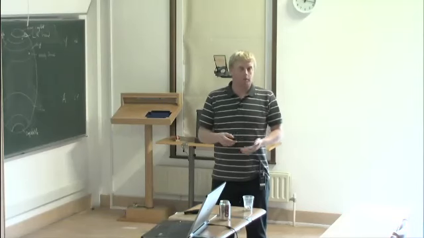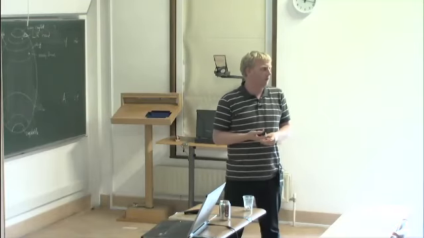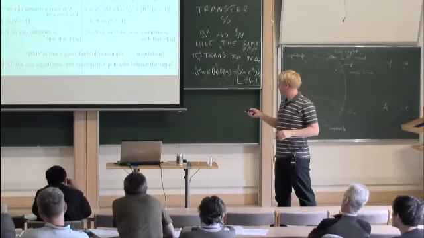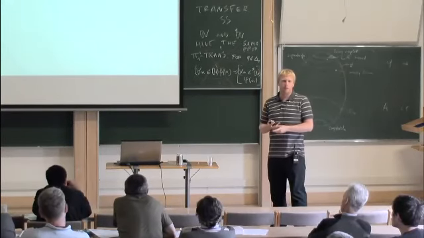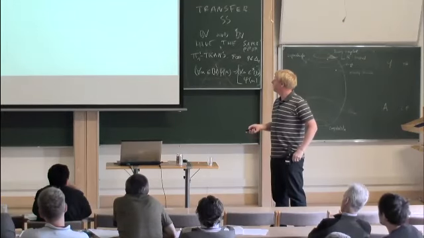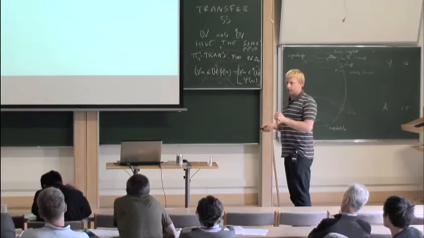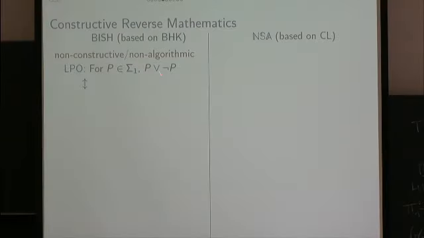As you've seen from the diagram, most mathematical principles are not constructive, and there's this entire cottage industry called constructive reverse math, which is essentially reverse math but with constructive analysis as a base theory. And you'll see that you get exactly the same picture after translation. So the most obvious candidate is the law of excluded middle, which is rejected in constructive analysis.